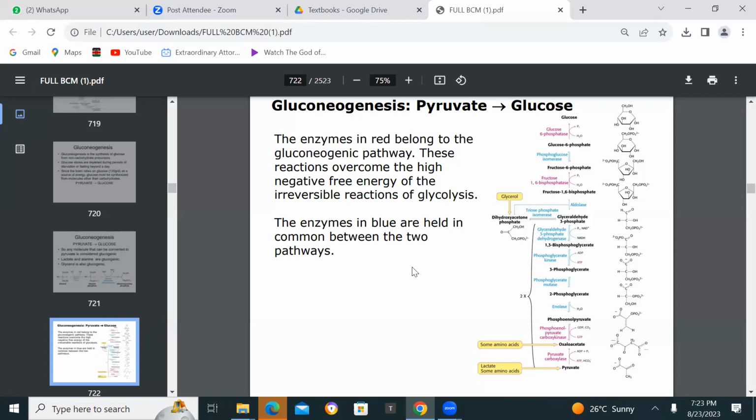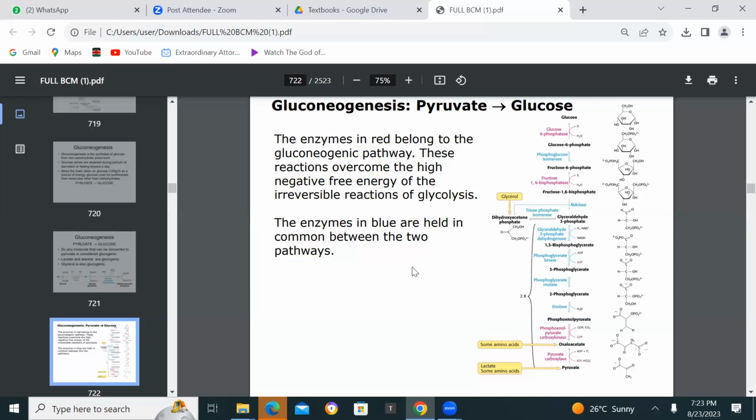The pyruvate will be transported into the mitochondria, converted to oxaloacetate, then oxaloacetate transported back into the cytosol, which is what will continue with the whole process. The enzyme we are using there is pyruvate carboxylase, which is not found in glycolysis.